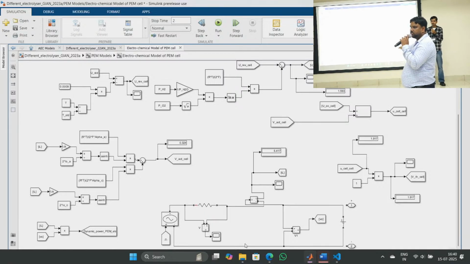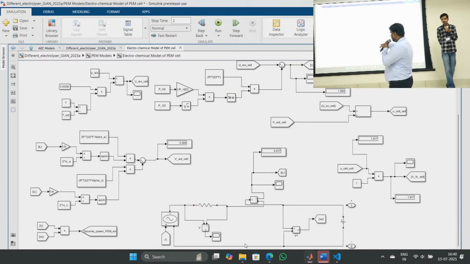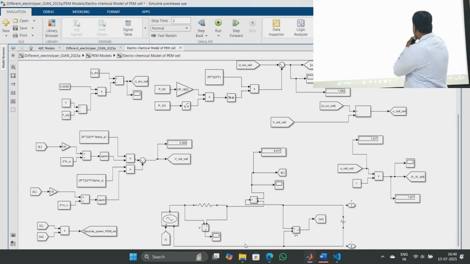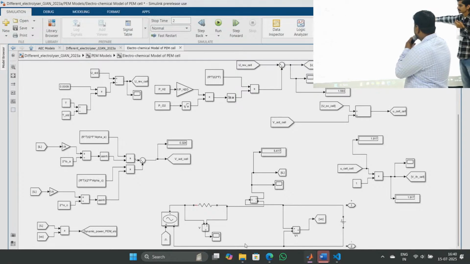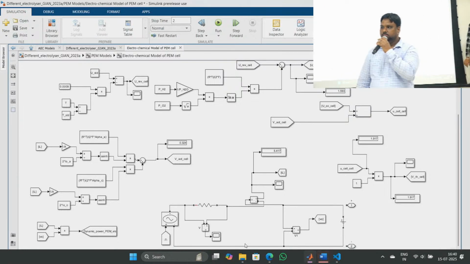Understood? The left side voltage source, if you see, is a controlled voltage source. That control signal is the summation. Can you show which one? U cell, right? That is the summation of two potentials, and after these two potentials you are left with ohmic. So these two potentials plus ohmic is equal to V cell. Get it?